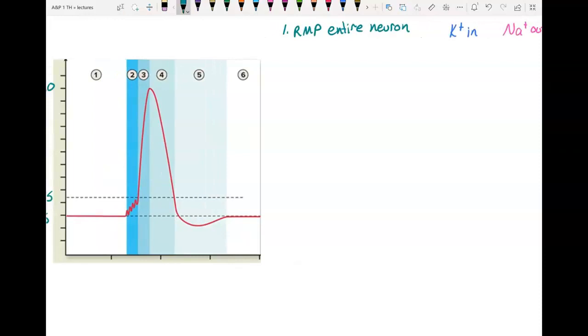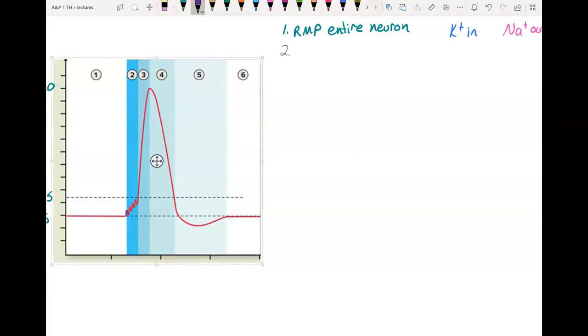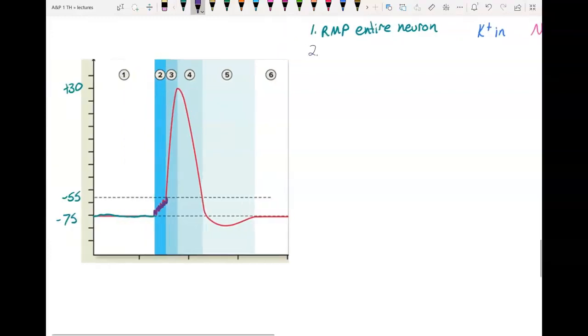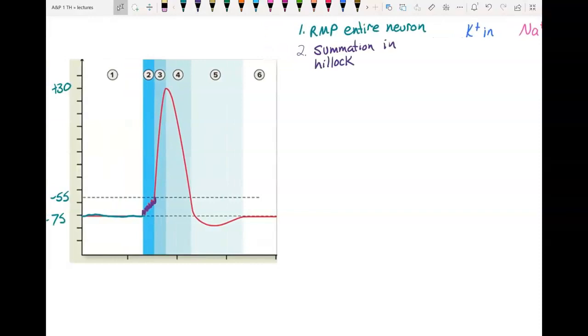Step 2 is this part right here. Let's go ahead, we'll color code that. There's step 1, here's step 2. Step 2 takes place in the hillock. This is when the hillock is doing summation. So the voltage is raising in the hillock.